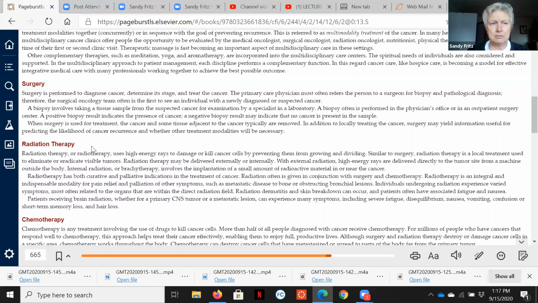And sometimes if the location of the cancerous growth can be totally removed, then it doesn't progress any further.